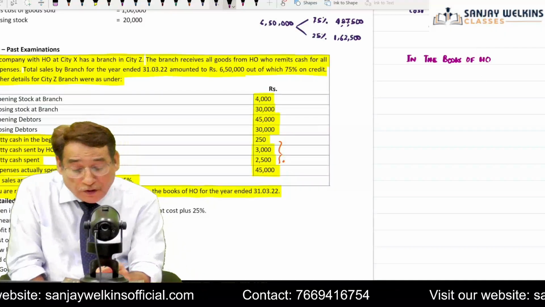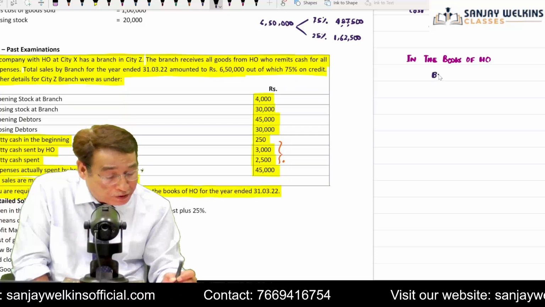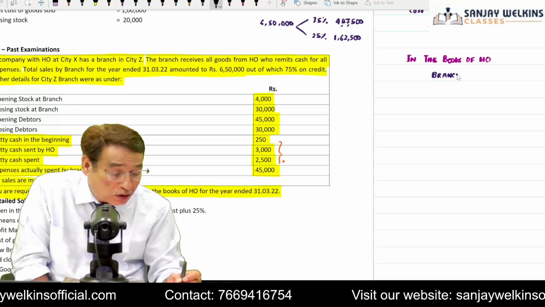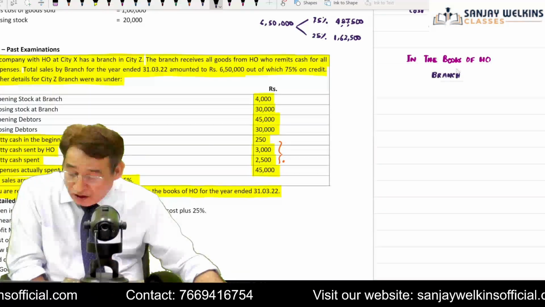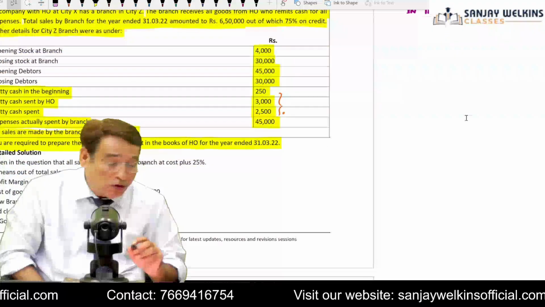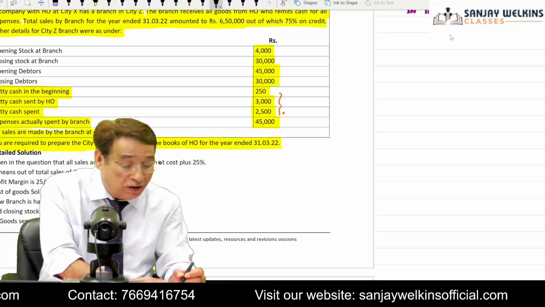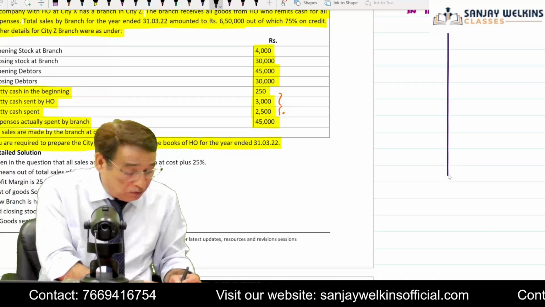Now, in the books of head office, quite obviously, we are supposed to prepare the branch account. So I am going to prepare the branch account over here in this manner. You must have noticed even in this particular question, opening and closing debtors are there. So we will have to prepare the debtors account, no doubt about that. So this is my branch account, correct?